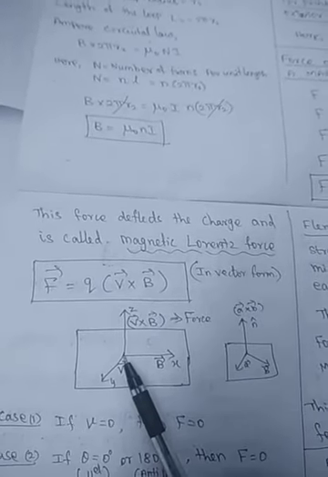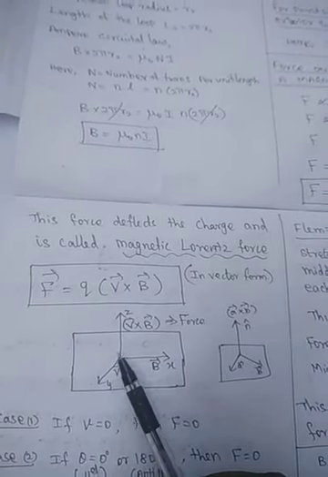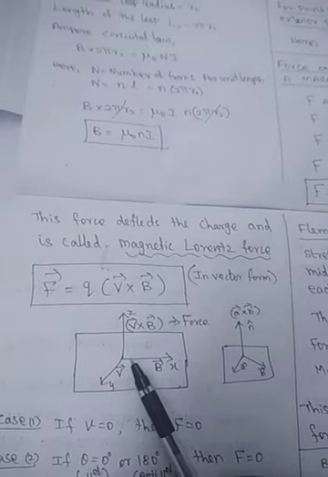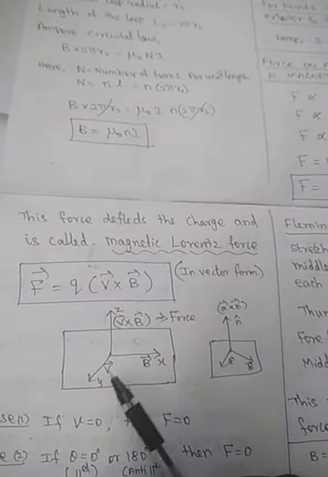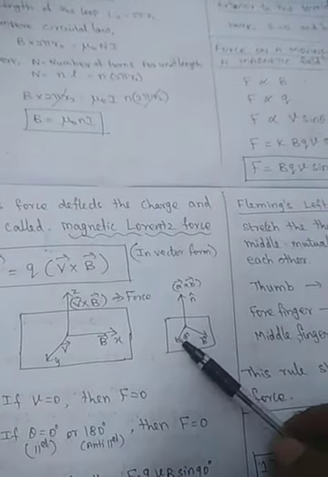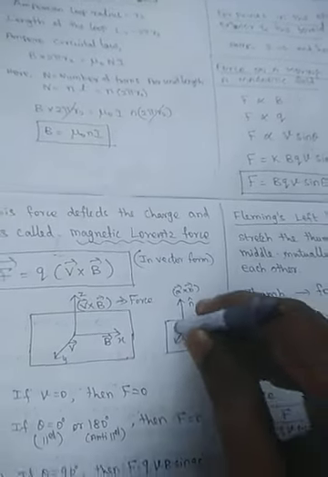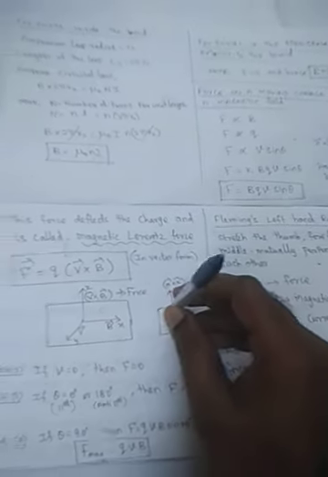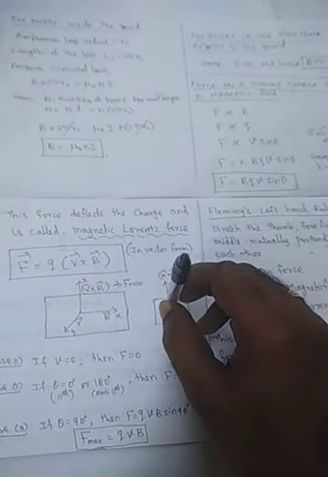Now, what is the direction of this force? Very simple, students. If the v vector and B vector are acting along this, I will explain with the cross product. If you take the cross product of the A vector and B vector, that cross product will be perpendicular to the plane of the paper.